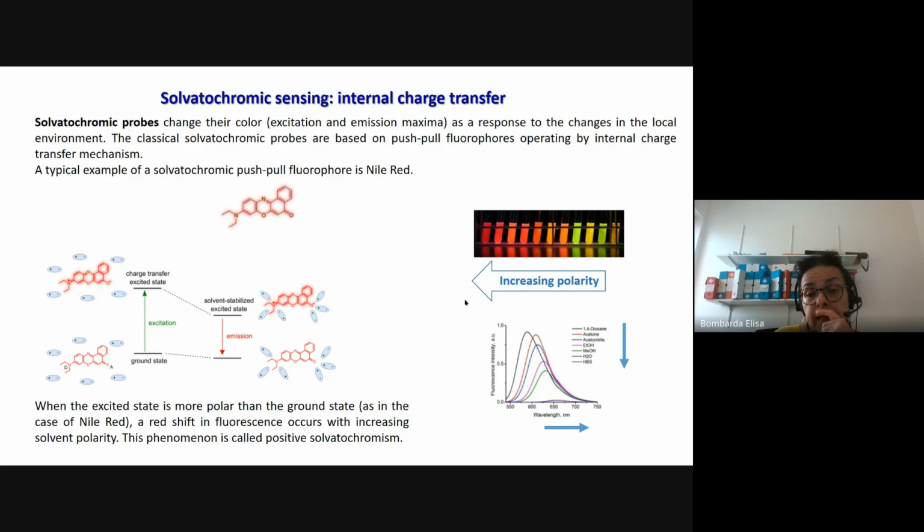This is a very important parameter, because, for example, inside the cell you would like to detect local regions that are more polar than others, or something in a membrane where the polarity is lower with respect to the cytoplasm, and so on. So it's nice to know that probes of such kind exist.